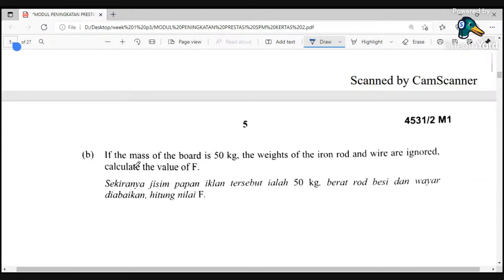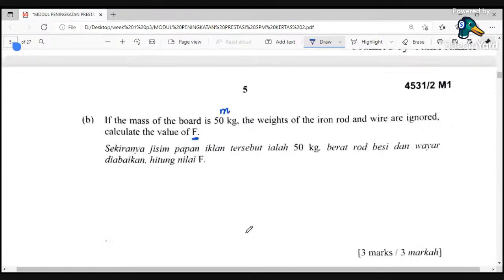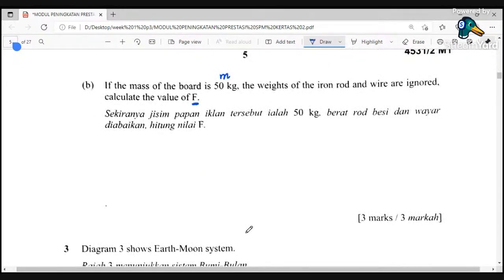Okay, part B, if the mass of board is 50 kilogram, this is the mass. Weights of the iron rod and wire are ignored. Calculate value of F. Formula.